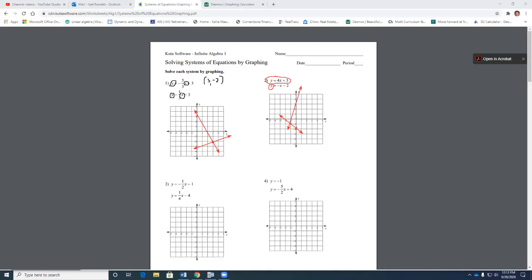Well, that gives me 4x plus 3 is equal to negative x minus 2. And this method is called substitution. I'm just substituting in one value of y in place of y.